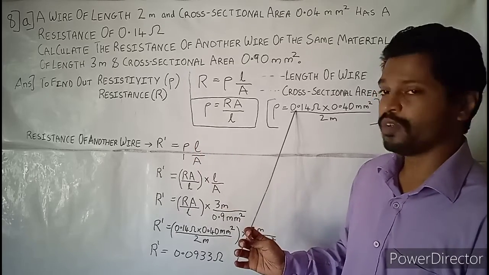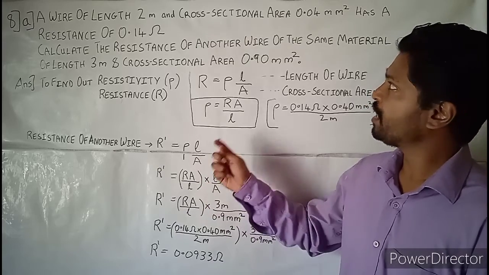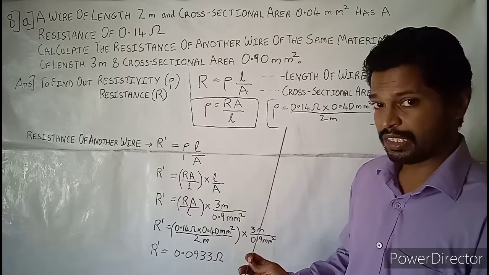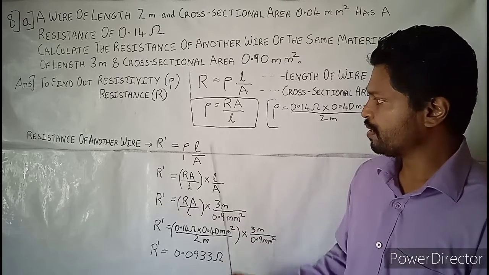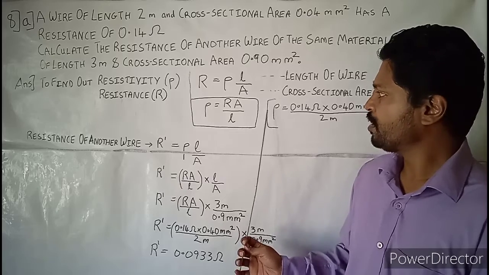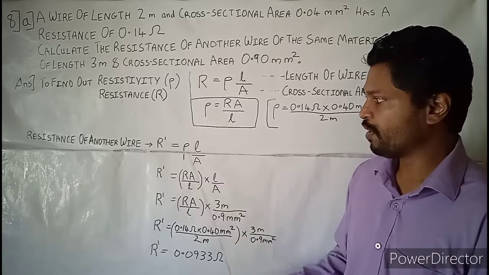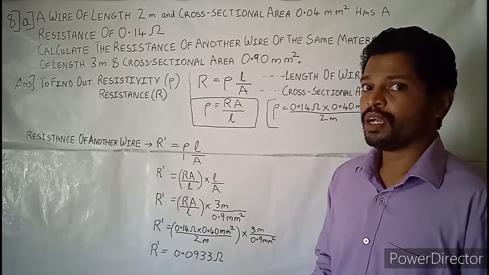Resistance is already given, you can substitute in the place of R, and A has been given, you can substitute over here, and you can find out this answer, or you can put in the final answer. In this method we have not substituted, we are carrying forward. So you have to keep this in mind, and we have to solve later on. I'll be specifying in the question.